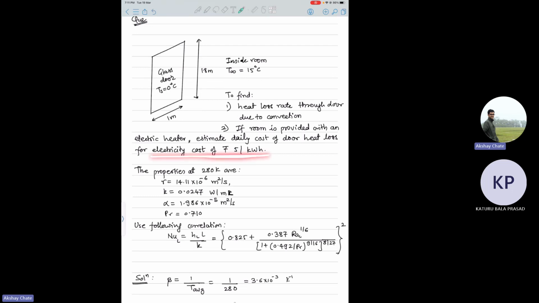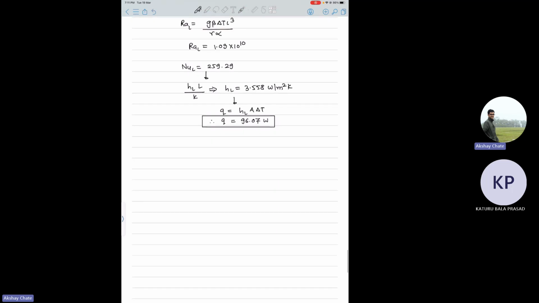The per unit cost is 5 rupees per unit kilowatt hour, and now we have to estimate the daily cost. So what is going on here is this is the energy lost per second.